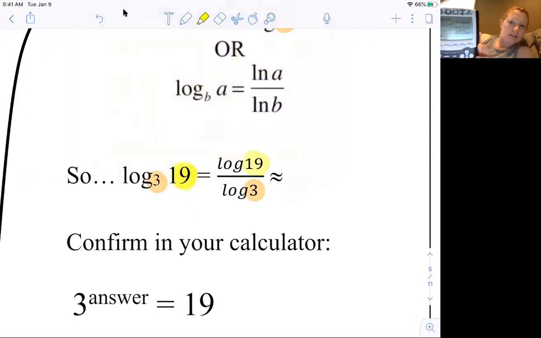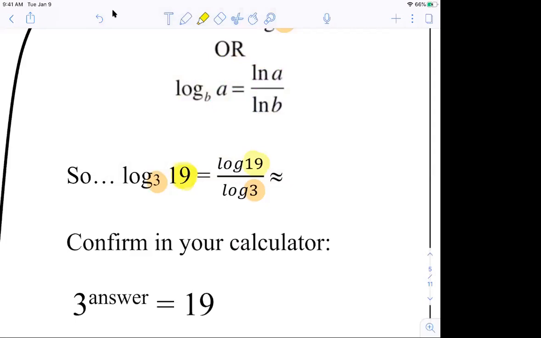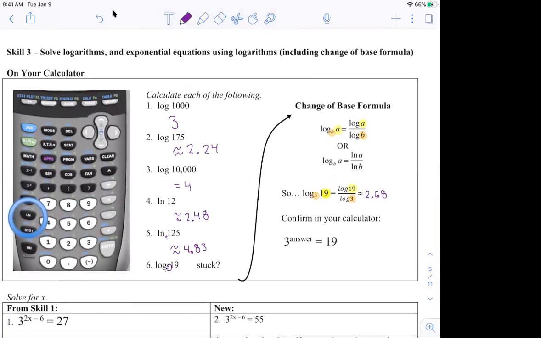Notice how you do have to make sure you close your parentheses after the 19, if yours opens parentheses like mine. So that is about 2.68. So notice that you can calculate any log with any base number, because you can change it.